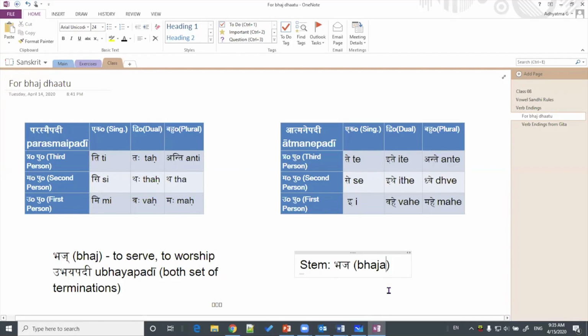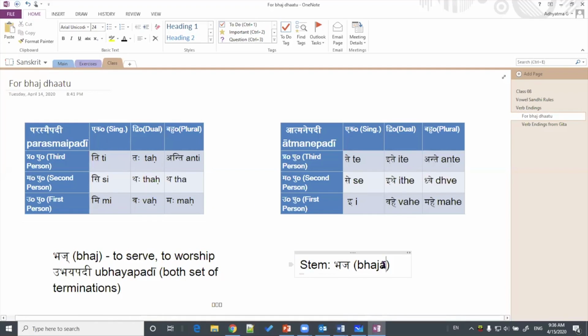However, there are some verbs which are very common in usage, where the stem does not end in akara. Because they are so common, we have to study those also. There you will find that even though the endings remain the same or similar, the way those verb forms are made may look a little more complex. We will study those later.